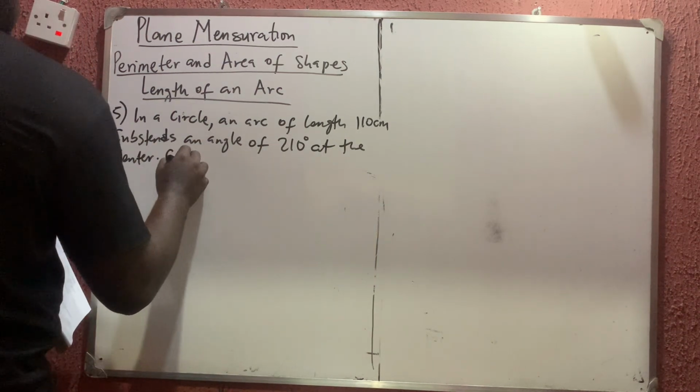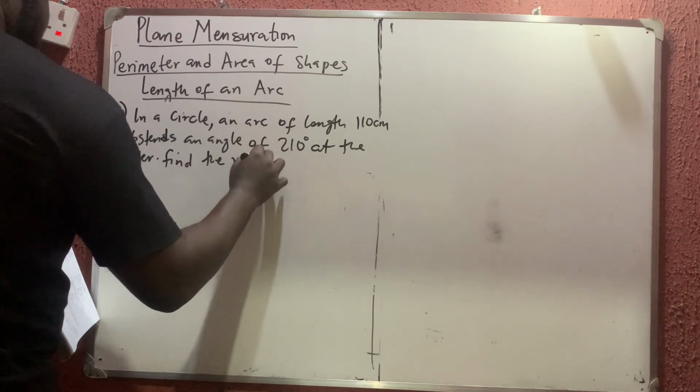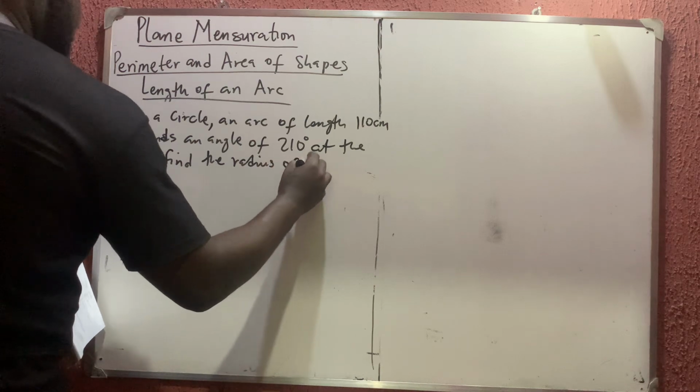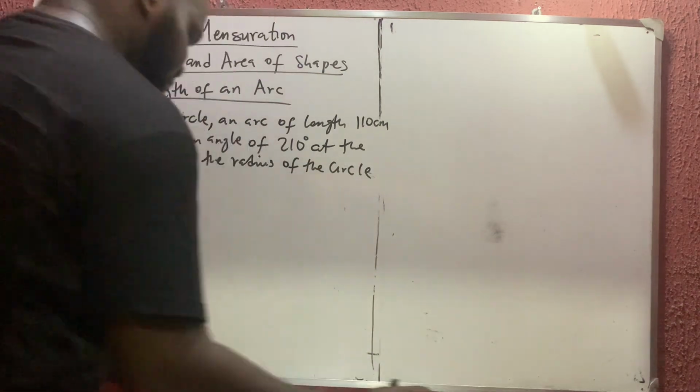Then I say find the radius of the circle. Now this one is very simple.